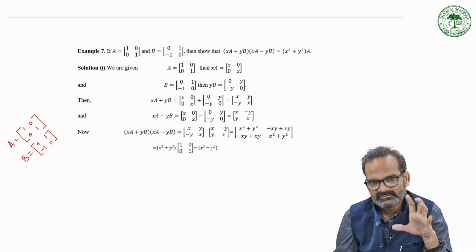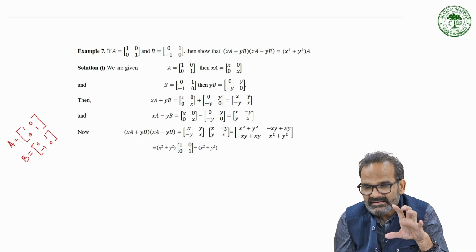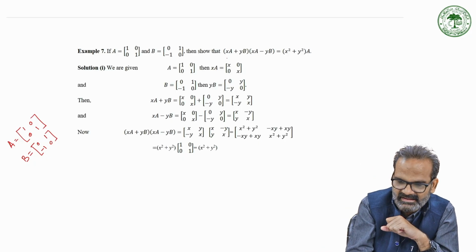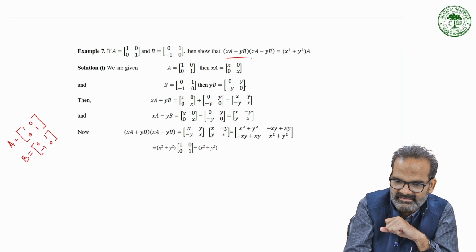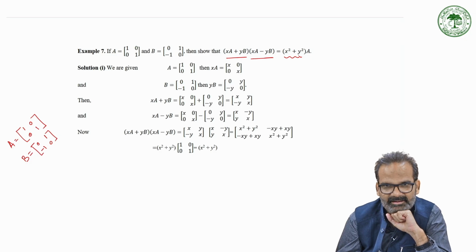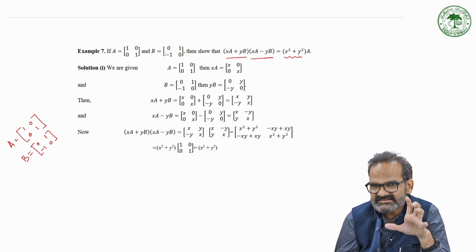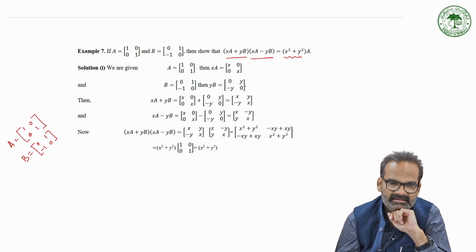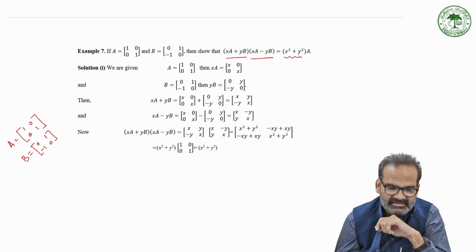Two matrices are given to you, then you have to show that (xA + yB)(xA - yB) is equal to (x² + y²)A. So just think over how we can prove this or how we can show it. xA is there, xA + yB.